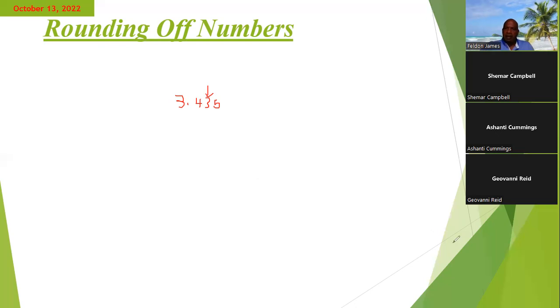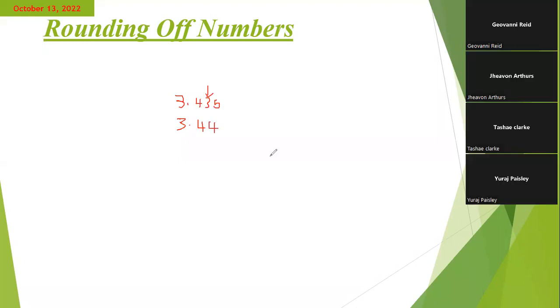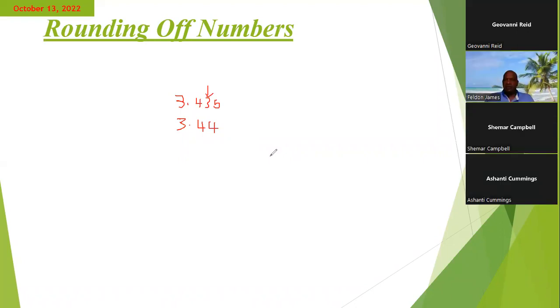Okay, so wouldn't it be 3.44 since it's 5? We're going to add one, so 3.44. All right. Anybody else agree with this? Let me see the hands of those who are in agreement. All right, yes. So the answer is 3.44. That would be correct. But why do we add one?